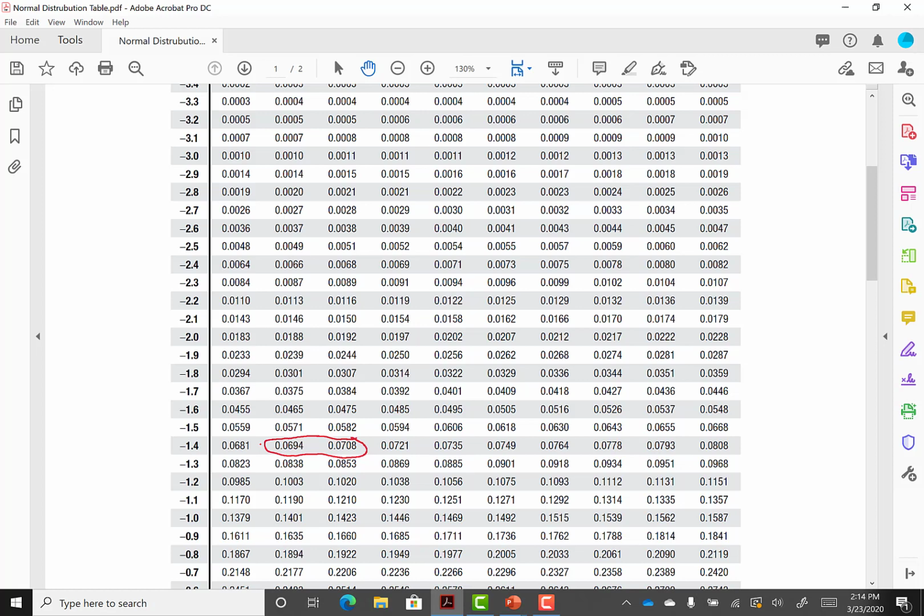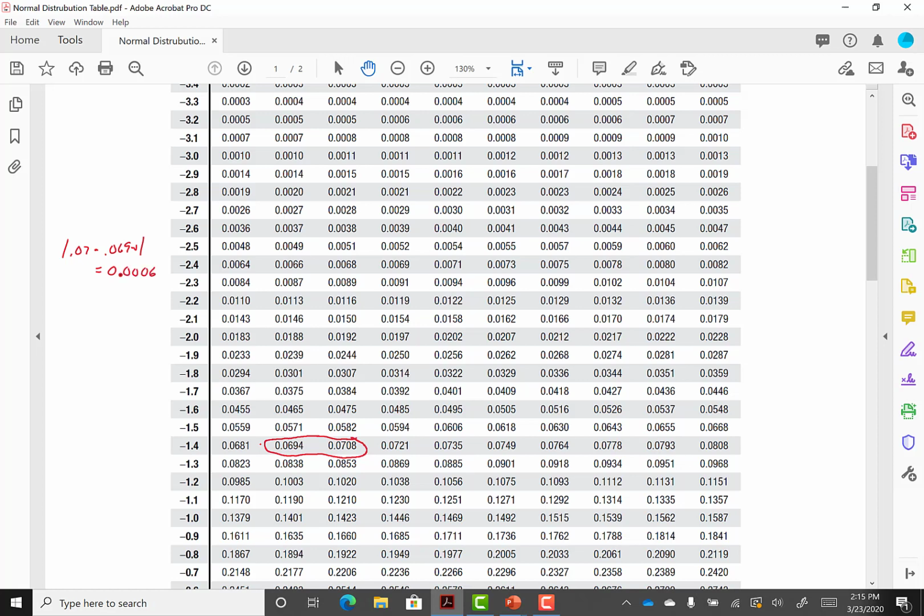And then we have to figure out which value is going to be closest to the 0.07 that we want. So we just subtract each of them from 0.07, ignoring the sign. So if we do the absolute value of 0.07 minus 0.0694, we get a difference or a distance between the two of 0.0006.